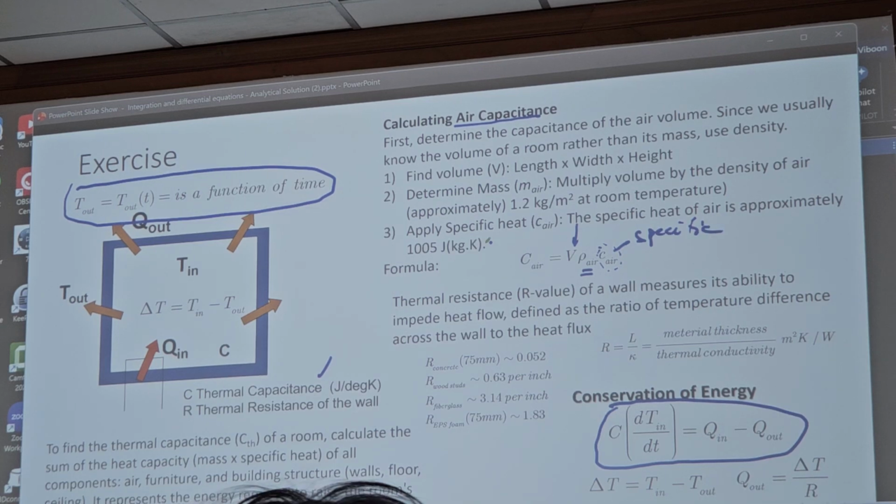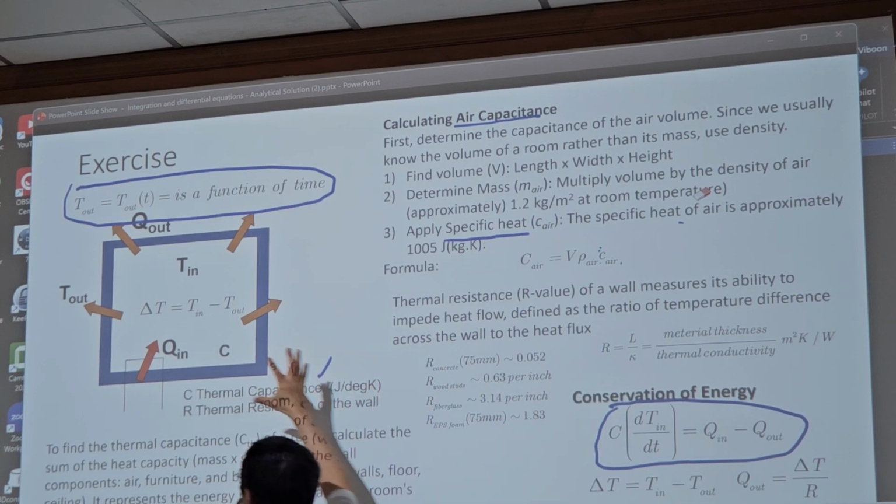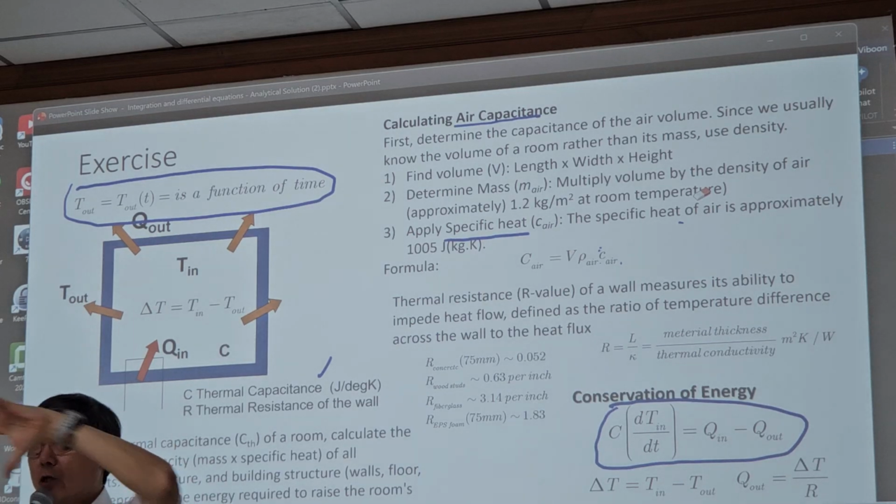So C is actually a parameter that tells you how the room can absorb energy.